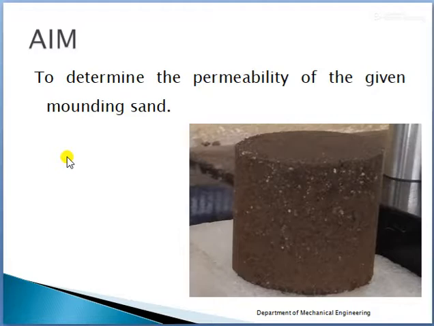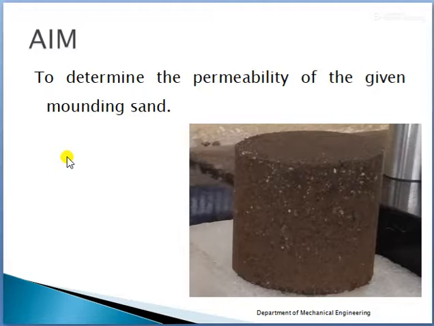Permeability is an important property which every foundry sand must possess in order to enable it to allow the escape of the steam and gases formed inside the mold when molten metal is poured into the latter.